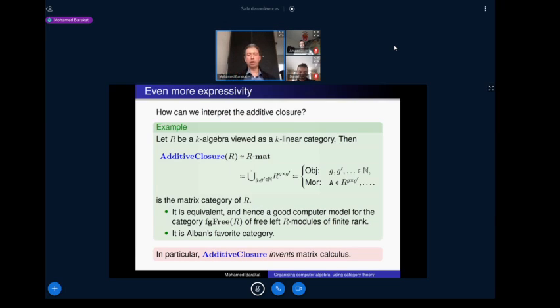Then you take the additive closure of the graded ring viewed as a category in the correct way, and you end up having homogeneous matrices. This is really very convenient for us in computer algebra. We always have the same constructions, and category theory is perfectly guiding us. We don't need to come up with new ideas and new interfaces and new algorithms and new names for algorithms and all this.